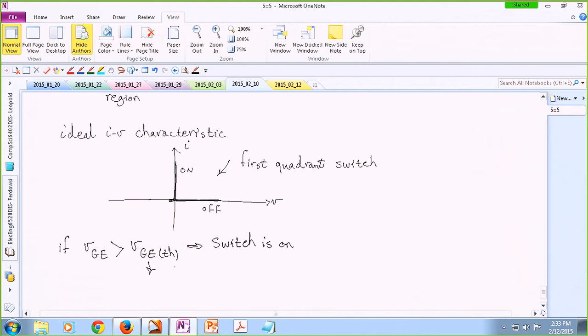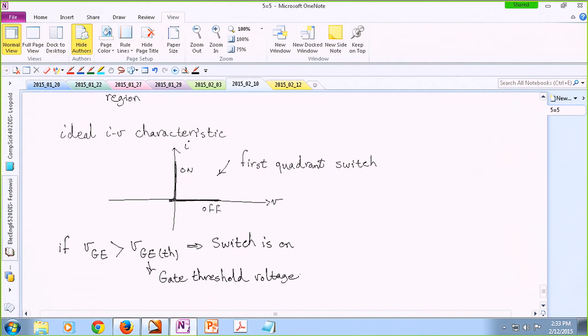And this is called the gate threshold voltage. Okay. So the data sheet also provides this number. It's, for instance, 5 volts.